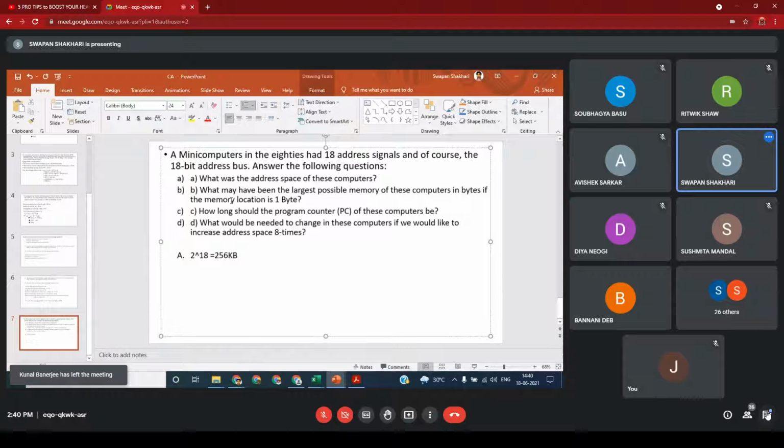So how many memory locations can it address? 2 to the power 18. Yes. Multiplied by 1 byte. 2 to the power 18 is the number it can address, and for every address in memory we have 1 byte. So 2 to the power 18 multiplied by 1 byte means 2 to the power 18 bytes.